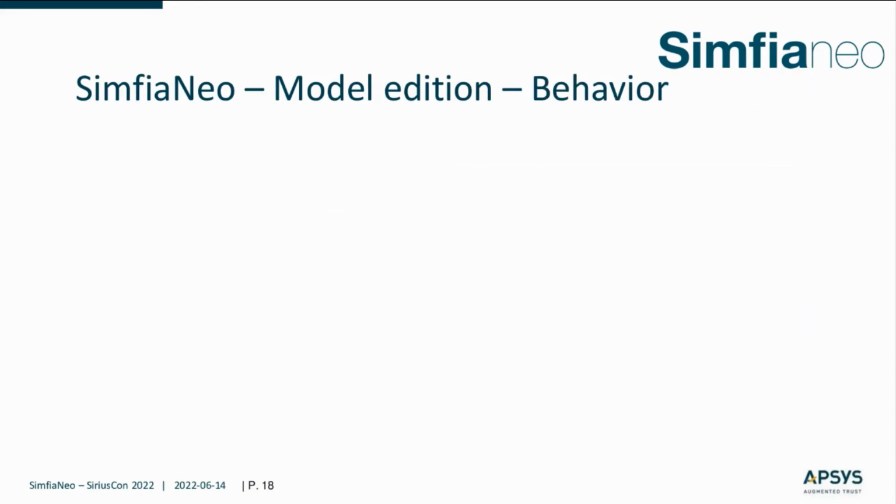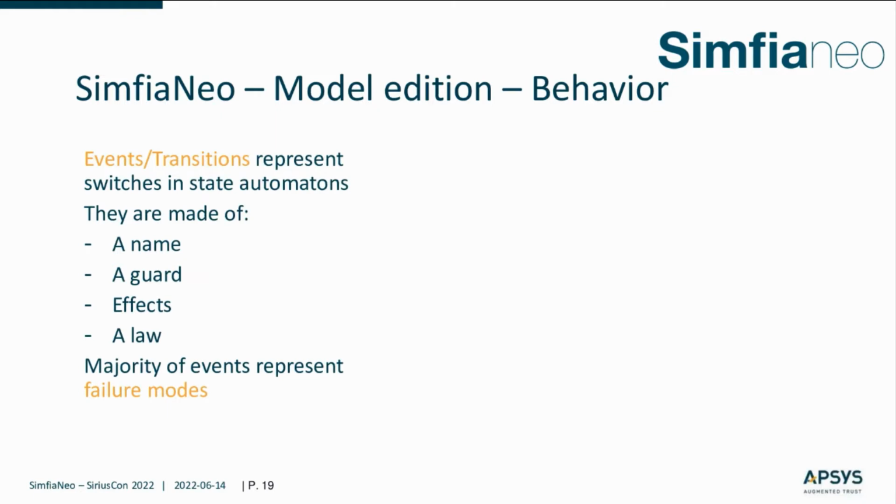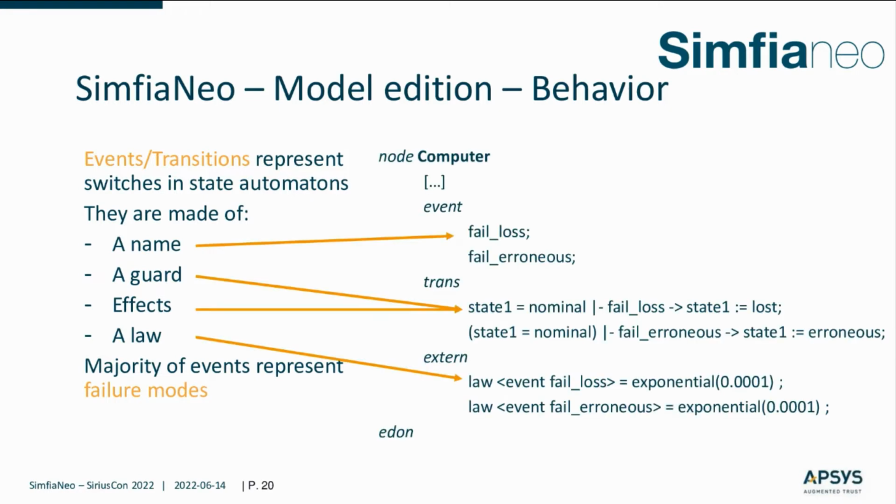Then in our model, we put the behaviors, like the state automatons. Again, in the AltaRica language, there are notions about transitions in state automatons with events, laws, conditions, and effects, and all of these are linked to special keywords and syntax in the AltaRica code on the right.